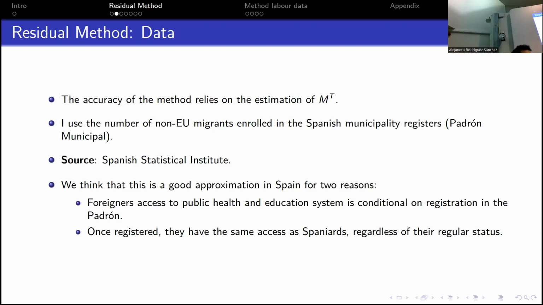But the assumption here is that we take the total migrant population as the number of people registered. So of course, if we undercount, we are going to bias the irregular migration stock downward.